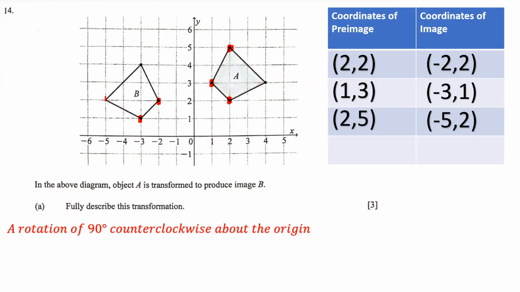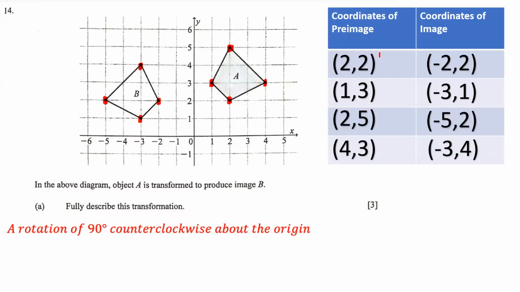So negative 5, positive 2 is going to be right here. And let's take another point, 4, 3. If we rotate it again, we get negative 3, 4, and negative 3, 4 is right here. So we have this point, positive 4, 3, and when we rotate it, we get negative 3, 4.